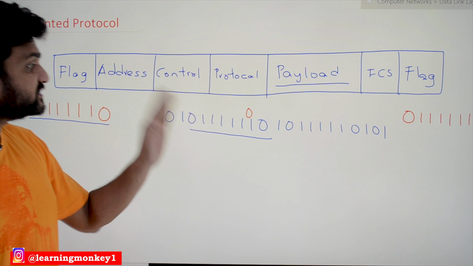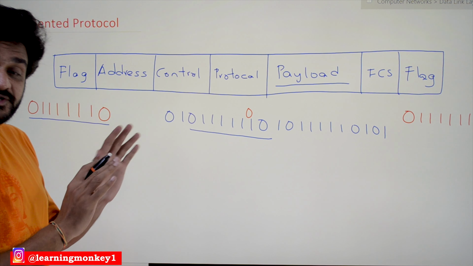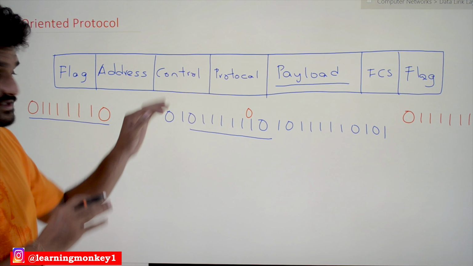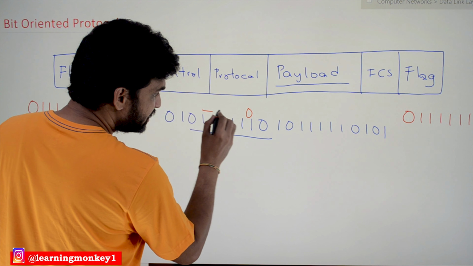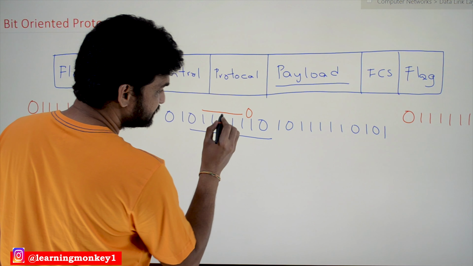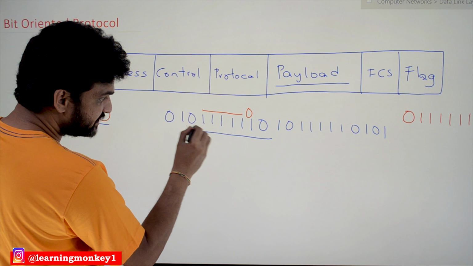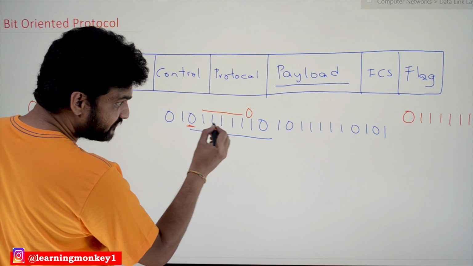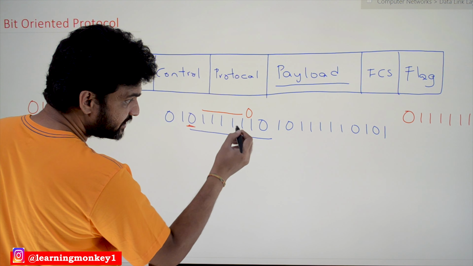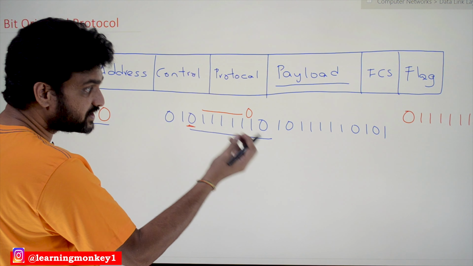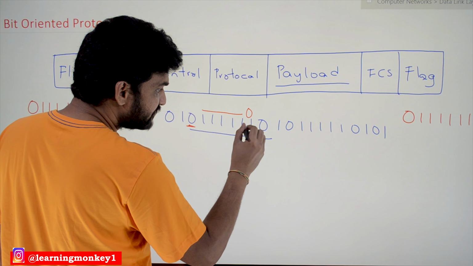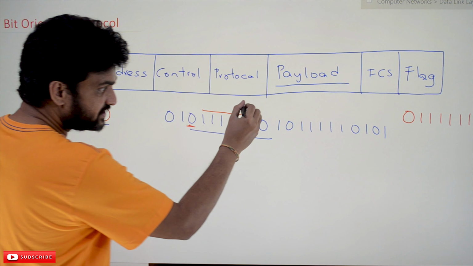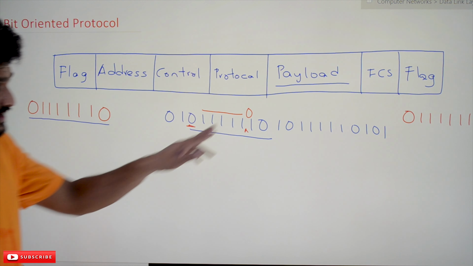So the concept that is followed in the bit oriented protocol is, whenever we identify 5 consecutive ones, which means that the bit before is going to be a 0, whenever 5 consecutive ones are observed in the sending data, we are going to stuff an extra bit. This extra bit we are going to stuff with a 0.